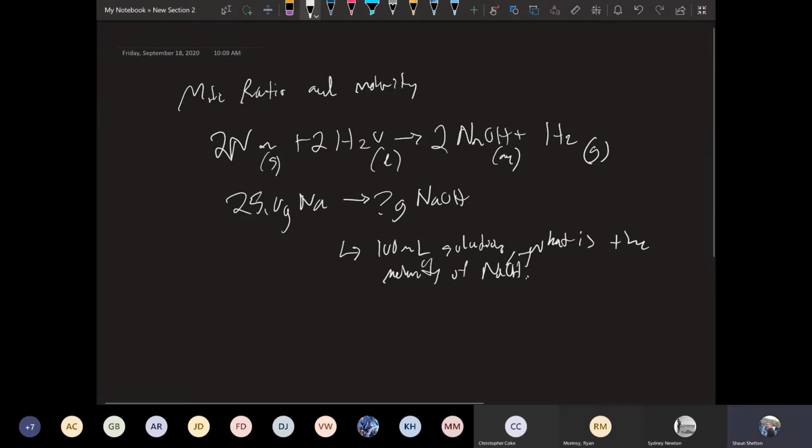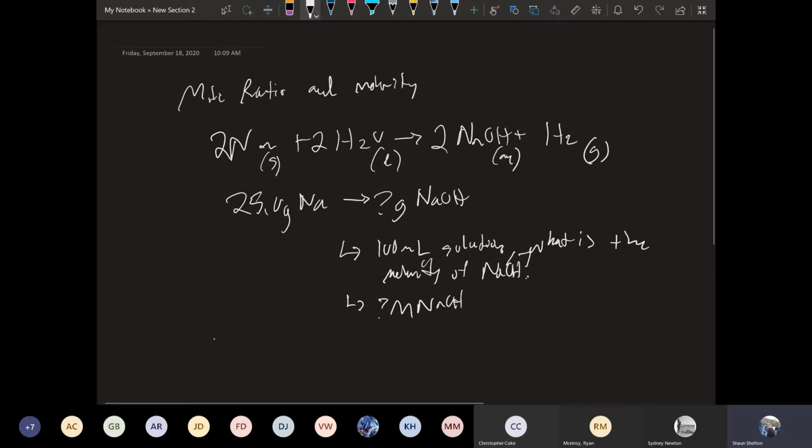So now this type of problem is a little different. We're not solving for grams now. What we'd be solving for is the molarity of NaOH. So solution stoichiometry is taking the molarity and dilutions that we talked about last time, and applying it to the actual balanced equation.